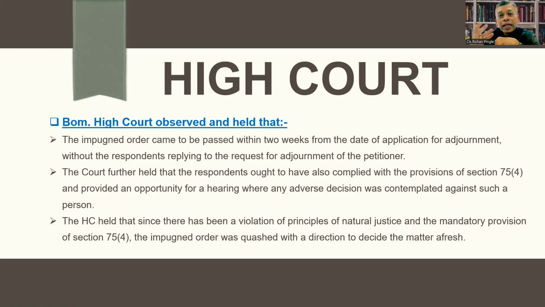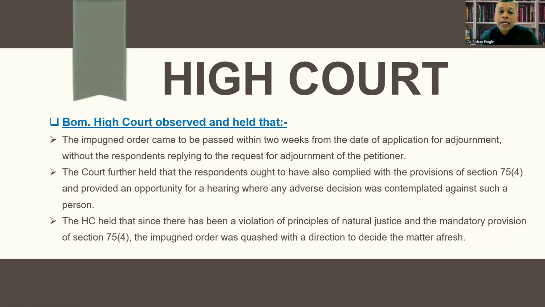The court further held that the respondents ought to have also complied with provisions of Section 75, subsection 4, and provided an opportunity of being heard where any adverse decision was contemplated against such a person. Means whenever there is an adverse decision against the assessee, the department has to give an opportunity of hearing under Section 75, subsection 4.